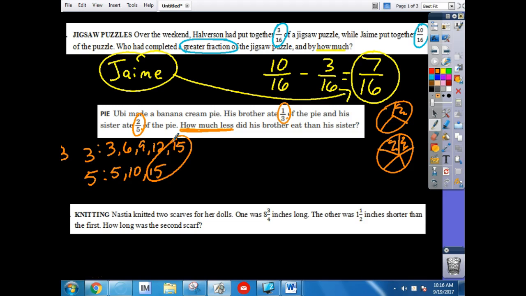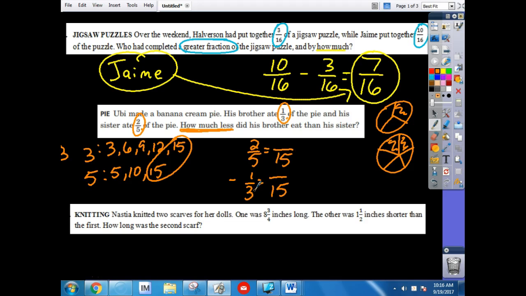So the way that this works, how much less did his brother eat than his sister? His sister ate 2/5. I'm going to subtract what his brother ate, which is 1/3. I've already said that my common denominator is 15, so I'm just going to fill that in there.